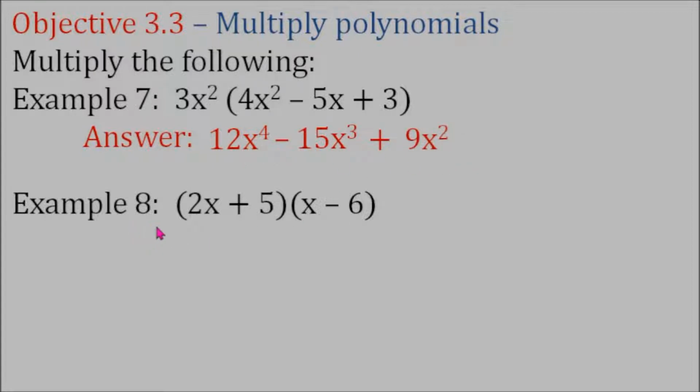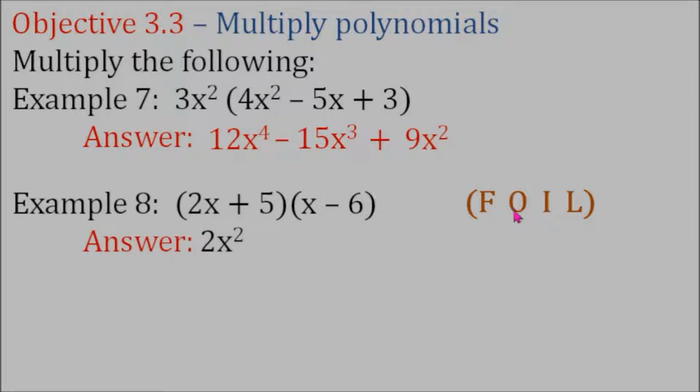Example number 8, we have the quantity 2x plus 5 times the quantity x minus 6. So here we are multiplying two binomials. So we are going to use the FOIL method. So we are going to multiply the first terms, F, 2x times x, that's 2x squared.